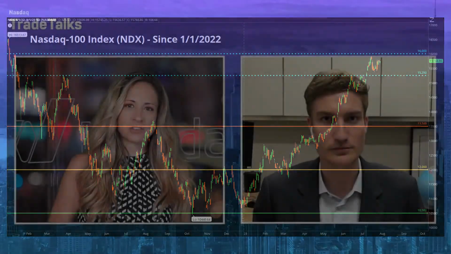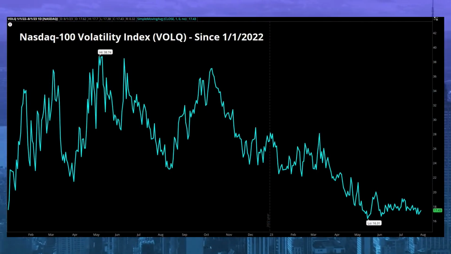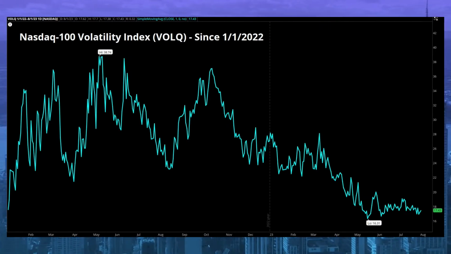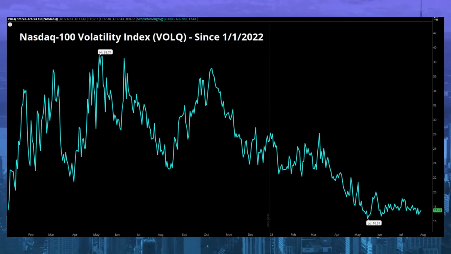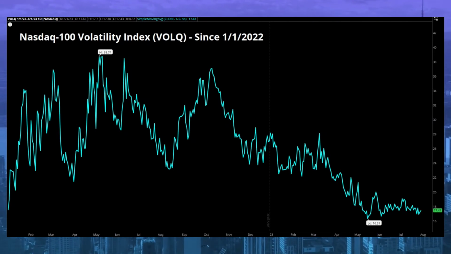And if we take a look at a chart of the Nasdaq 100 Volatility Index, known as VolQ, I'm sure it's an inverse picture there. No doubt about it. What I thought was quite interesting is we've been talking, even going back the last couple of months, about how volatility had really come out of this market. So much of the risk was somewhat understood and faced up, if you will. The geopolitical risk, the fever pitch of that, had subsided over the last year.